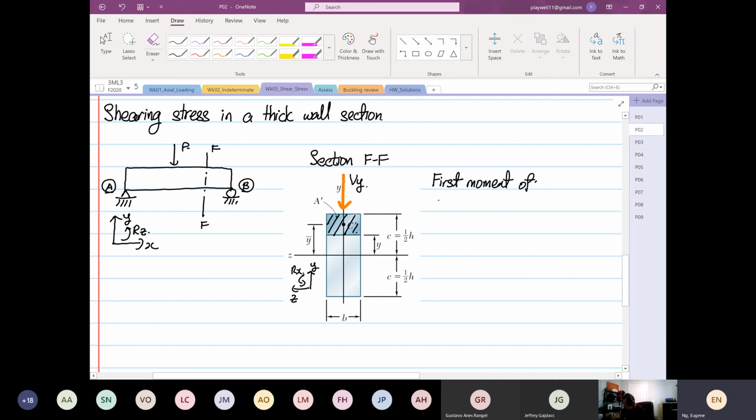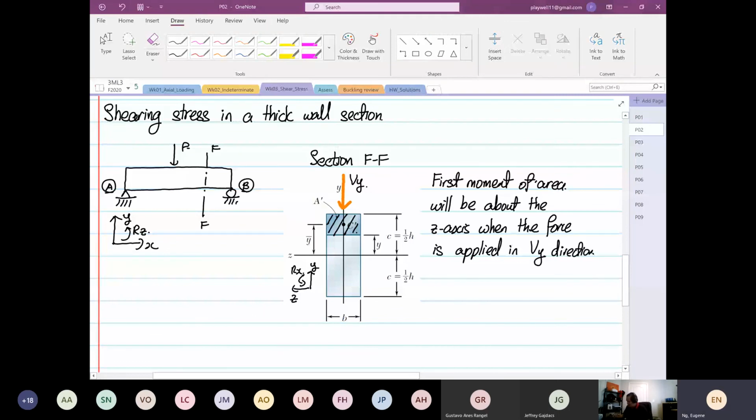The first moment of area will be about the z-axis when the force is applied in VY direction.